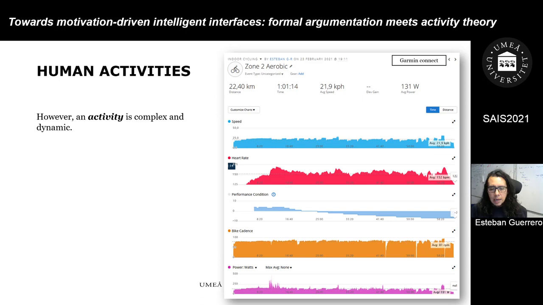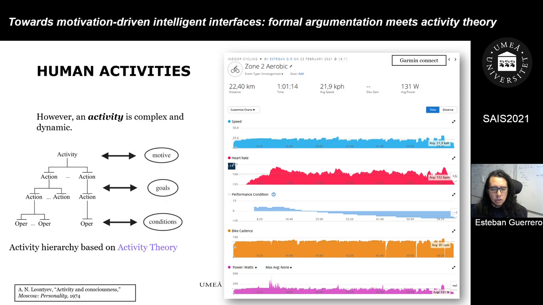One of the fields that has been investigating how human activities are performed is social sciences. One of those frameworks is called activity theory. In activity theory, an activity is defined as a complex structure divided into different actions, and atomic actions are oriented to perform one goal.